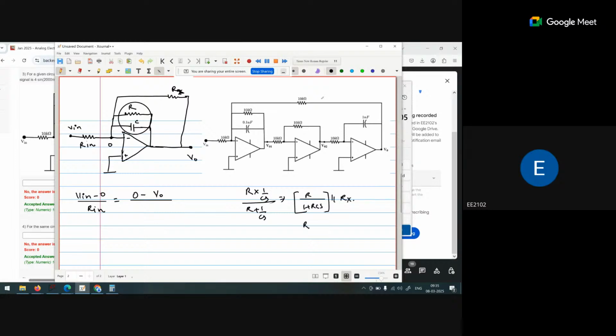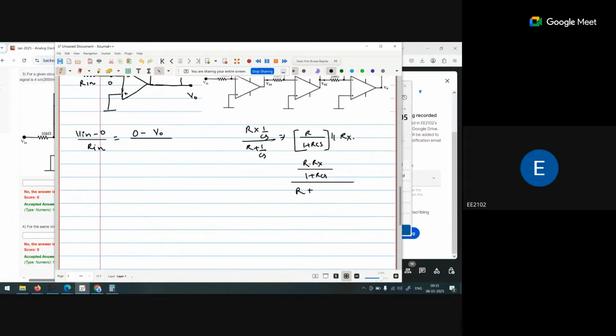So RX upon 1 plus RCS upon R plus RX plus RRXCS upon 1 plus RCS. These two are cancelled out, so it becomes RRX upon R plus RX plus RRXCS.